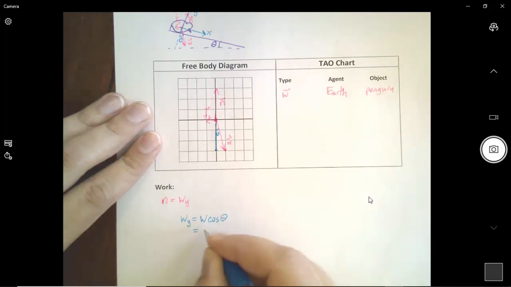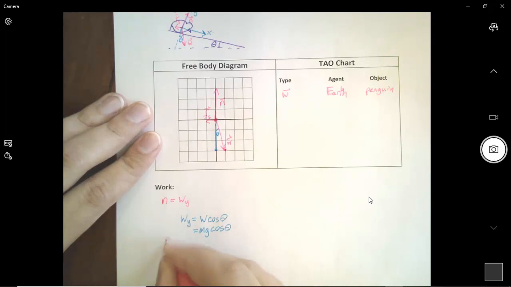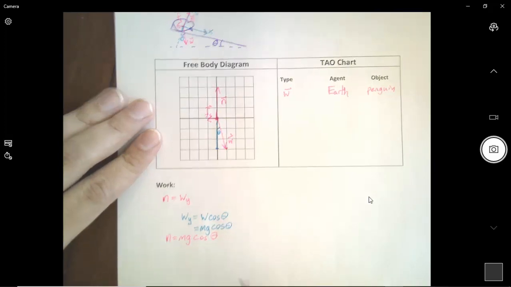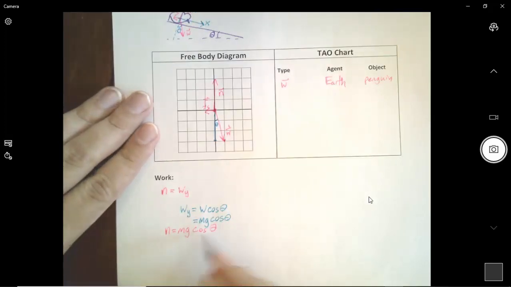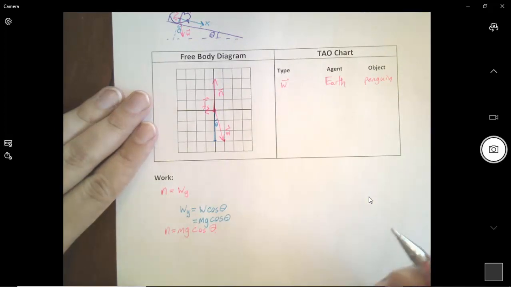And the equation for W is mg, so it's mg cosine theta. So N is equal to mg cosine theta. We know g, we know theta, but we don't know mass. I did not give you that in this problem. So we have worked our y equation as far as we can. Let's look at our x equation.